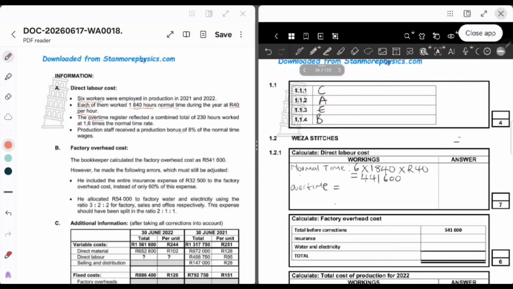And then after that, they also worked an overtime, so we're also going to have an overtime. They say that the overtime register reflected a combined, meaning it's for all 6 of them. Then there is no need for us to say times 6. Total of 230 hours worked at 1.6 times the normal time rate. So we are going to say 230 hours, it's combined, times 1.6. Because now the hours are combined, you don't say times 6.